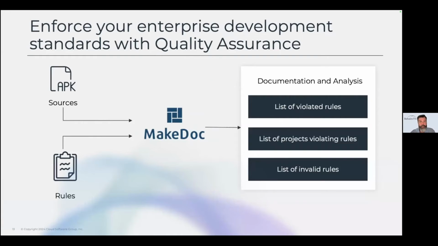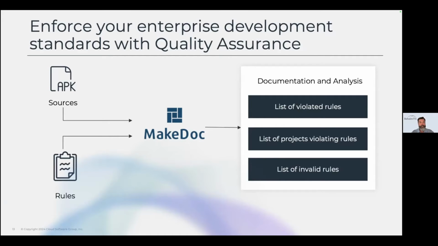So let's jump into another module, and this is quality assurance. Quality assurance provides you a code review. So basically, you have your source code, your projects, and MakeDoc has implemented a set of rules.